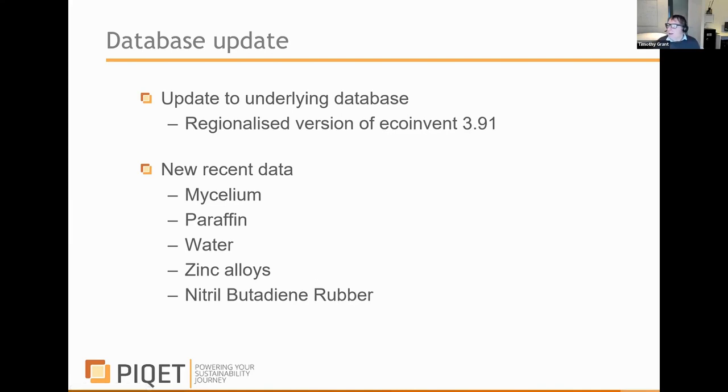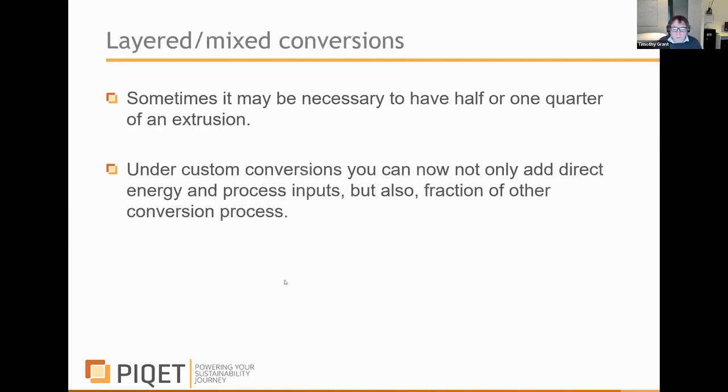I think on the agenda, there are a couple of new processes that were sent through from someone the other day, and I can't remember what they were, but wherever you're thinking about materials that you may want to have added to the tool, please don't hesitate to let us know and we'll do our best to get them in.